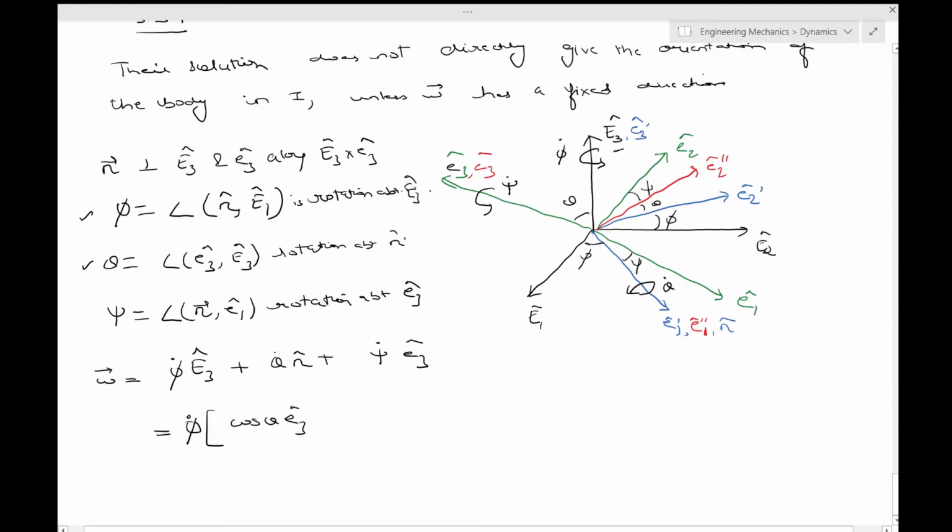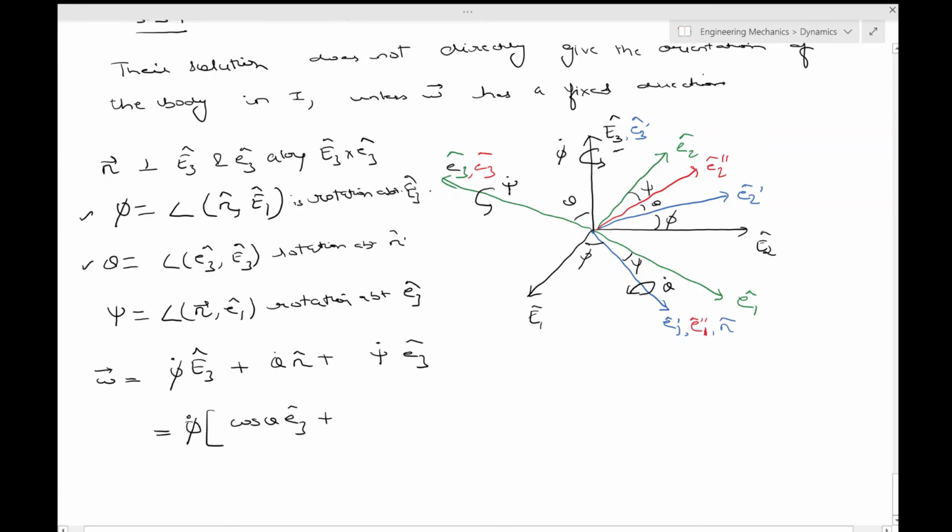Okay, then you want to write it along e3. So first take a cos of phi, or first take a sine of this, okay, that would be along this particular direction, and then take a cos of psi.